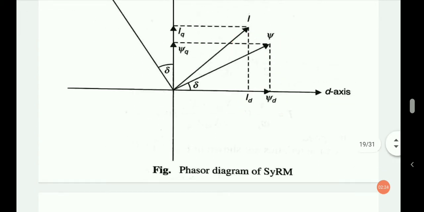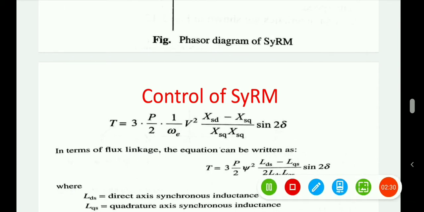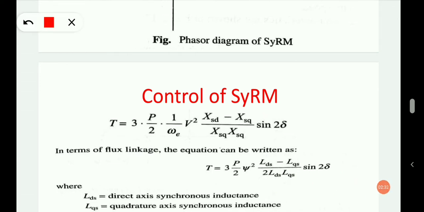The torque equation we can write as T equals 3 into P by 2 into 1 by omega E into V square (XSD minus XSQ) upon XSD into XSQ.